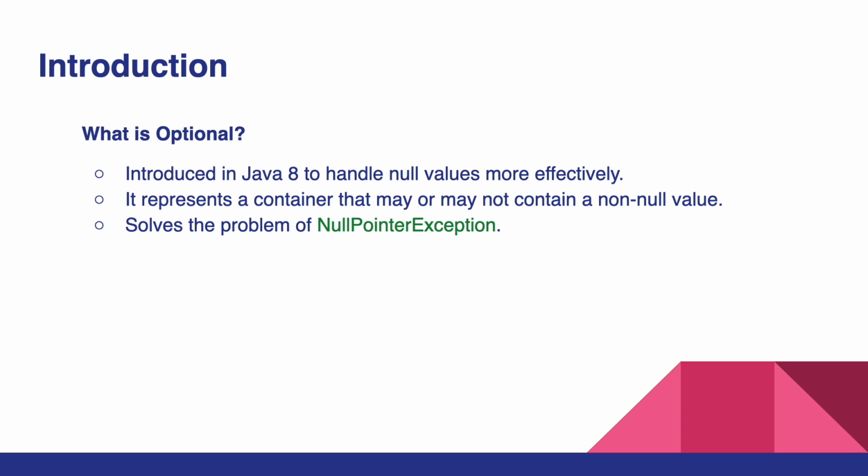In Java, dealing with null values has always been cumbersome. It has led to countless bugs, most of which boil down to the dreaded NullPointerException. Java 8 introduced the Optional class to mitigate this by offering a more elegant way to handle possible null values.